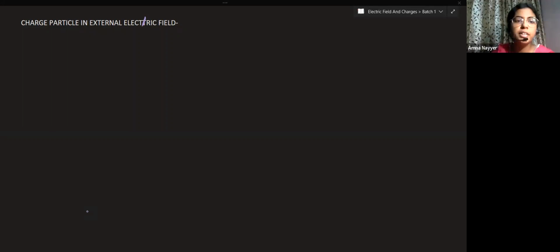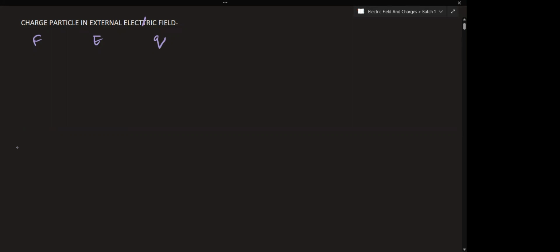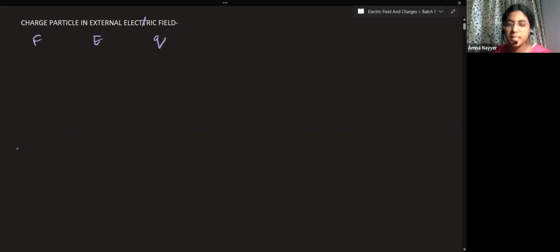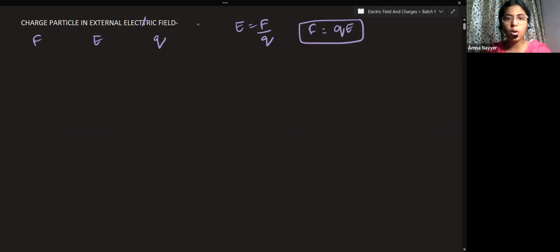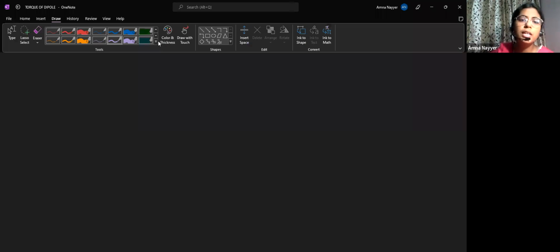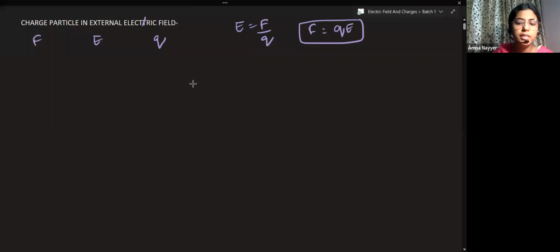Electric field is defined as the force experienced by unit charge. So the formula is electric field is force upon charge. From here you can say force will be charge multiplied by electric field. So this relation you are already aware of, but just how to utilize this relation we'll see.